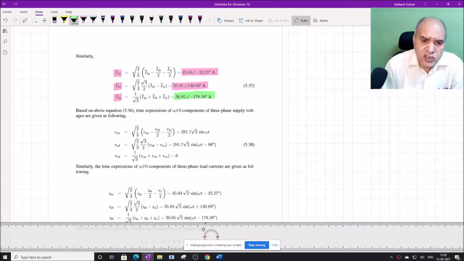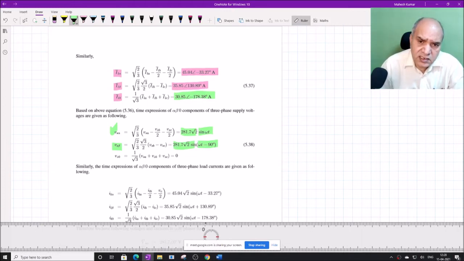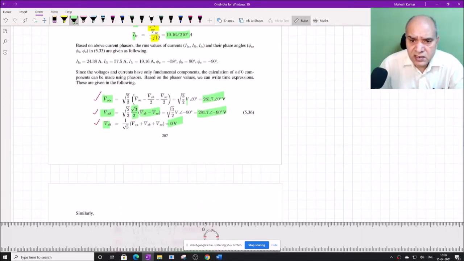Fine. Now, once we know the phasor quantities, we can construct the time domain quantities by multiplying by root 2 and adding the sine. So you can write VS alpha directly as its magnitude times root 2 sin omega t, and VS beta is its magnitude into sin of omega t minus 90 degrees. The phase angle was 90 degrees here, you can see here, this is minus 90.